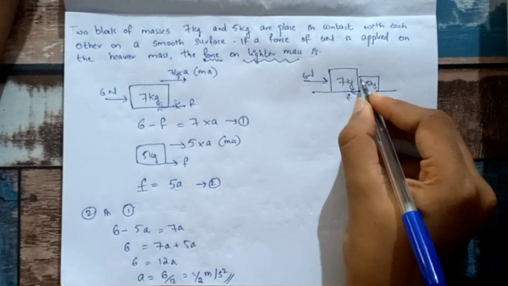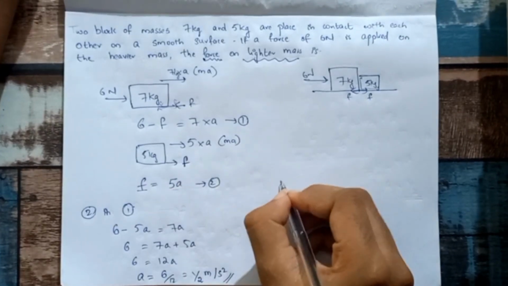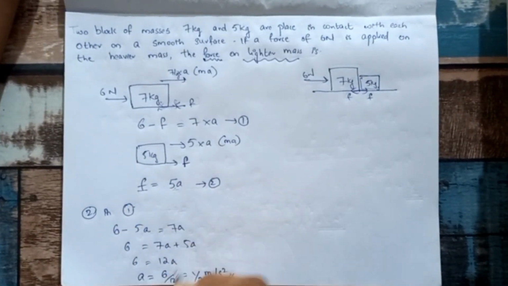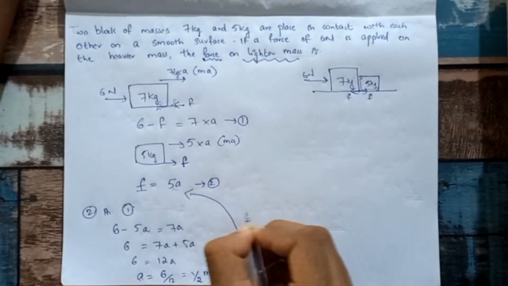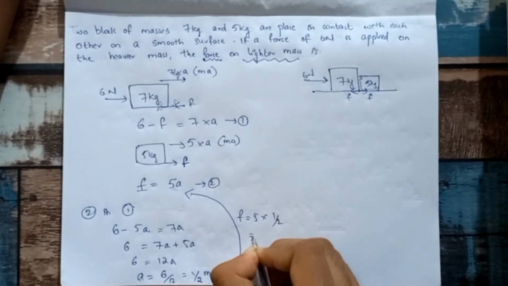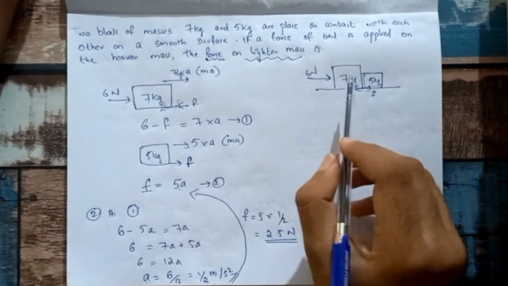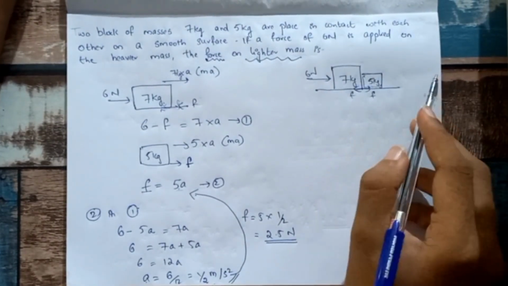That is the force being acted over here, on the 5 kg, that is the small f. So we know f is equal to 5a. We got the acceleration, half meter per second square. We put this over here. So f is equal to 5 into half, which is equal to 2.5 Newton. And that is the force being imposed on the lighter mass.